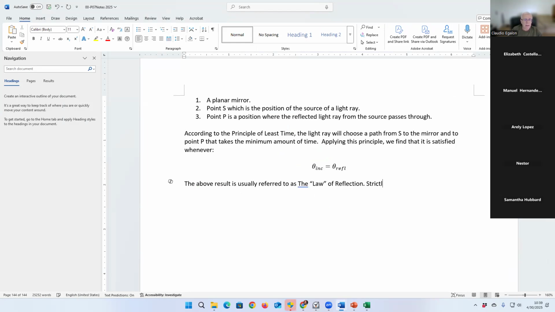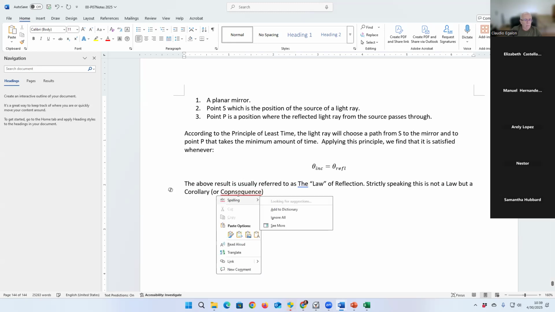Strictly speaking, this is not a law, but a corollary or consequence of the principle of least time.